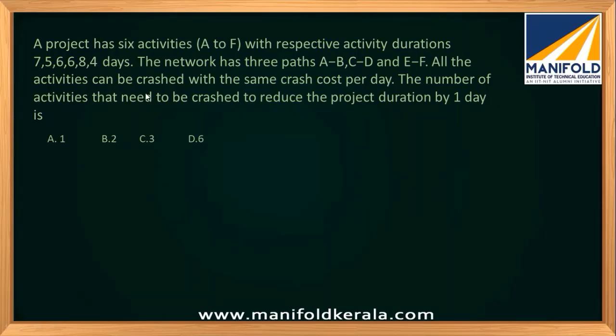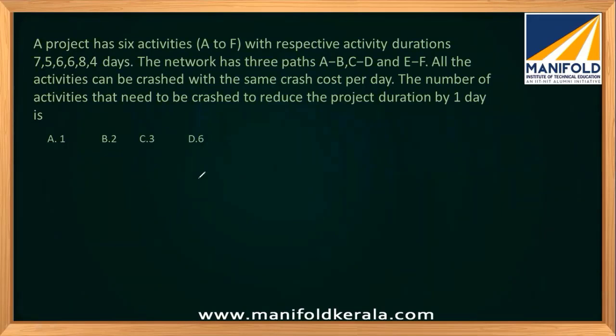The question asks how many activities need to be crashed to reduce the project duration by 1 day. There are 3 paths, so it is better to draw those paths and see. Without the figure it can also be done, but let's do it for more clarity.